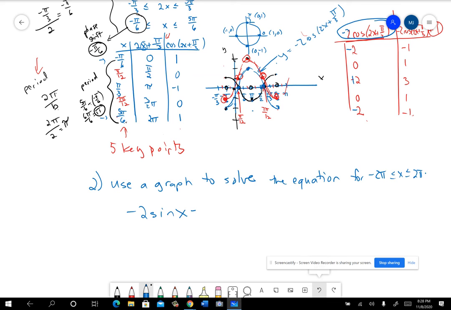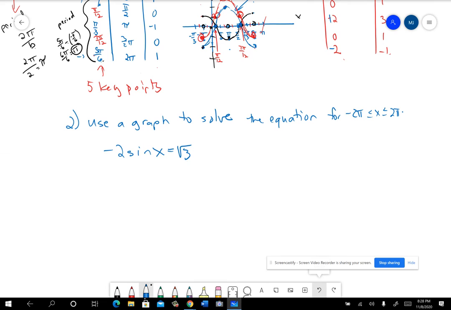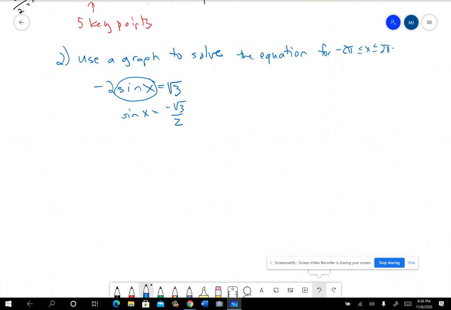They wanted you to solve it by graphing. Okay. What they're expecting you to do is to get the negative 2 out of the way by dividing by it. That gets you to here. Okay. All right, then you're supposed to be drawing a graph. Okay, so you're going to really show me a graph and the unit circle and how you figured it out.